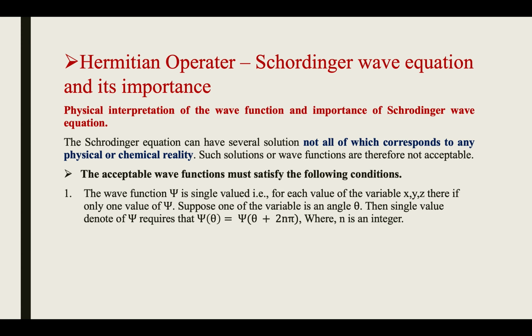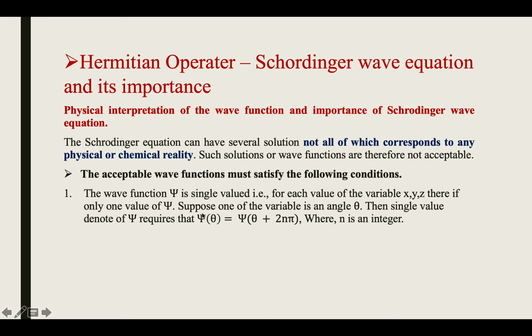So we have four conditions for an acceptable wave function, and they should follow the following conditions. The wave function psi is single valued, that is, for each value of the variables x, y and z, there is only one value of psi.